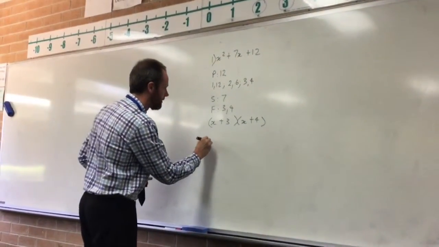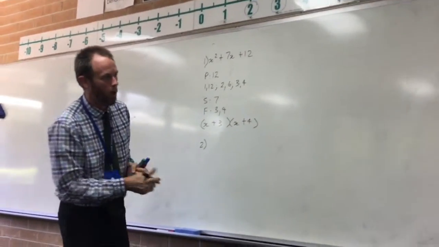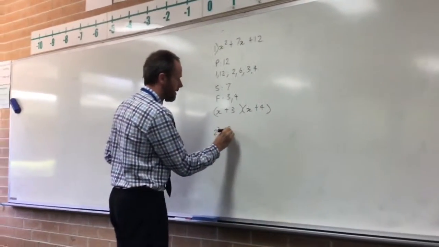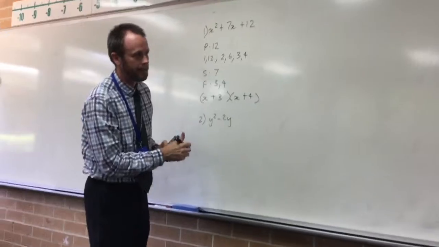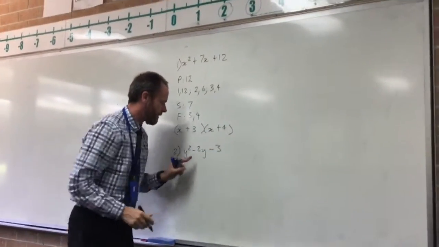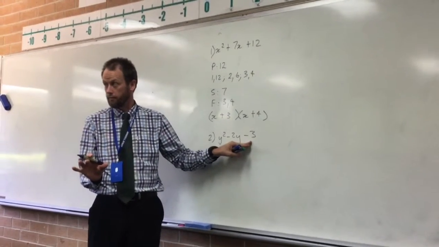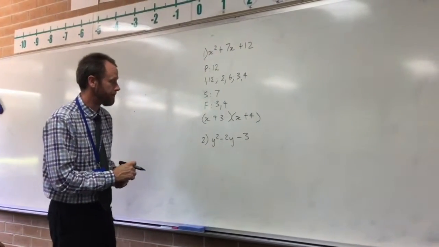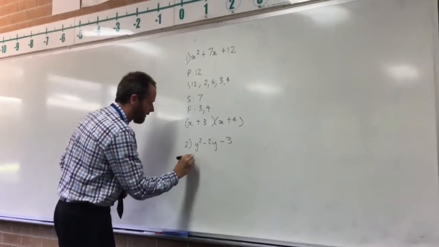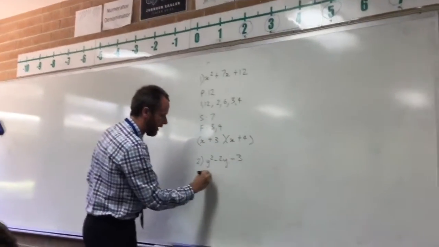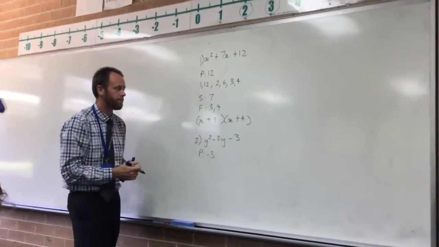Example 2 gives us this: y squared minus 2y minus 3. The negative numbers are going to make it just a little bit more complicated, so we're going to have to be careful with this one. Again, we find our product, which is the number on its own, and this time it's minus 3.